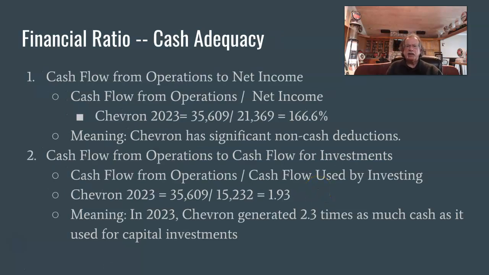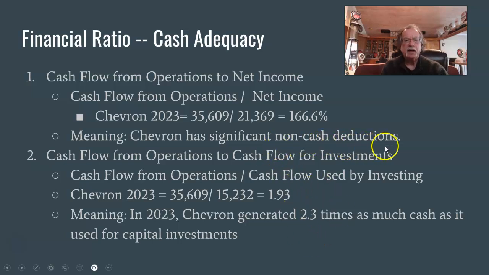Okay, then we're going to look at cash adequacy. Cash is king. And if you compare cash flow from operations to net income, the difference between the two, because conceptually they ought to be approximately the same, is non-cash deductions.